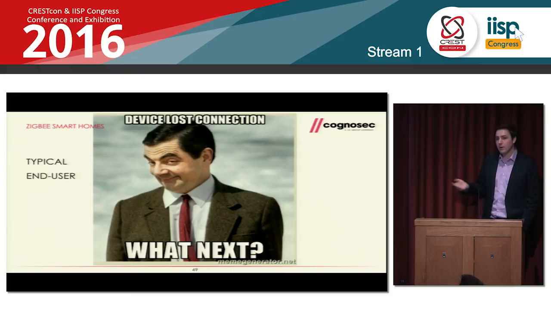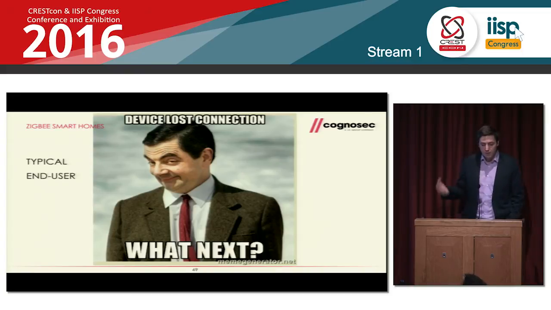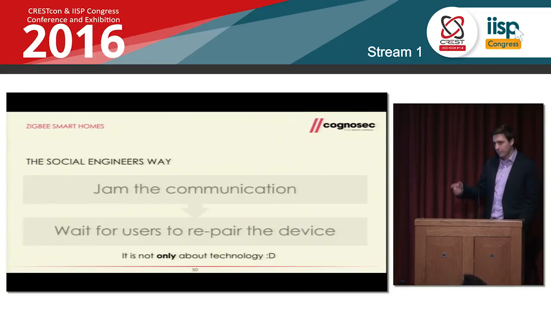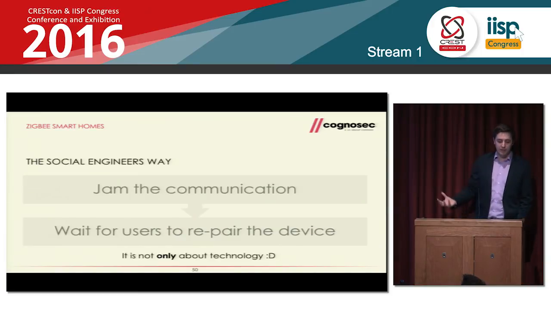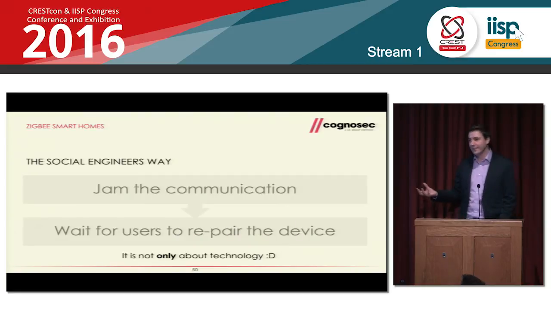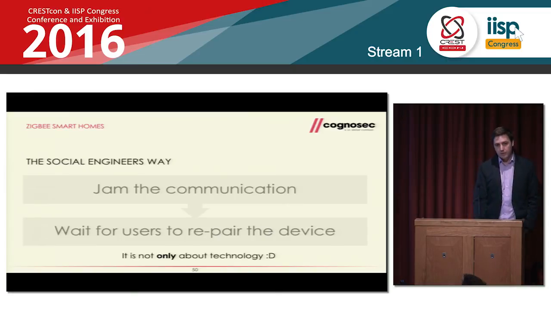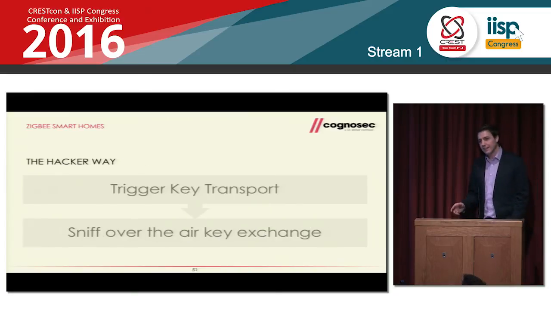It's just the repair approach for wireless devices. So you can, for example, use social engineering to do it. Just jam the communication and wait for a repairing, or get the user to do the repairing. So it's not only about technology all the time, but we love technology, so we found another way too.